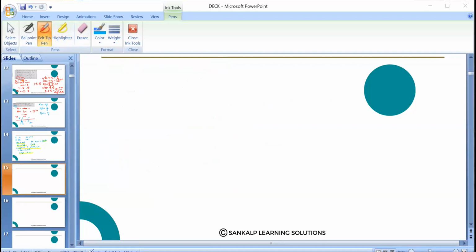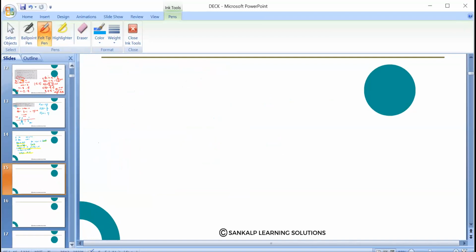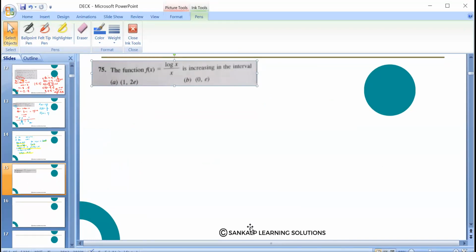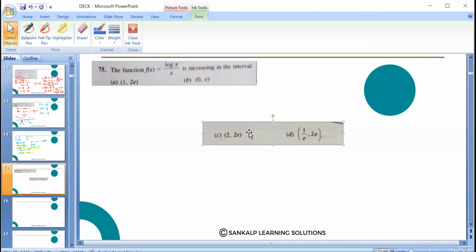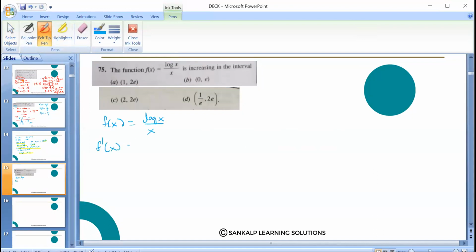Okay, next question number 75. The function f of x equal to log x by x is increasing in the interval. I'll put 2 more options here. We'll take f of x equal to log x by x and find the derivative using quotient rule.